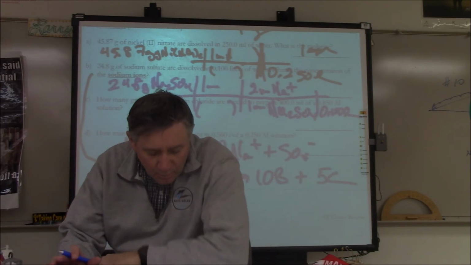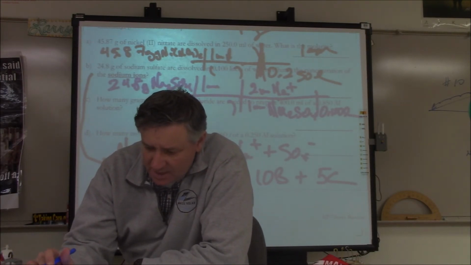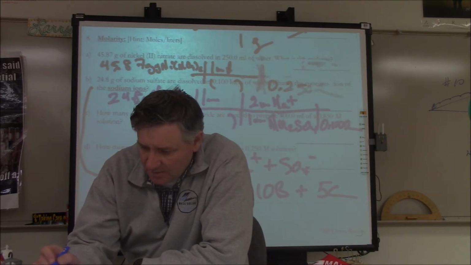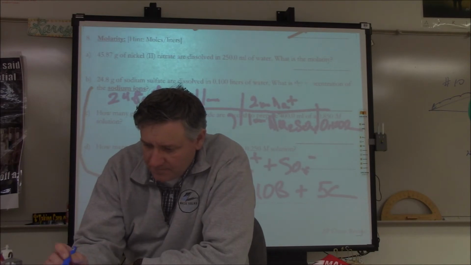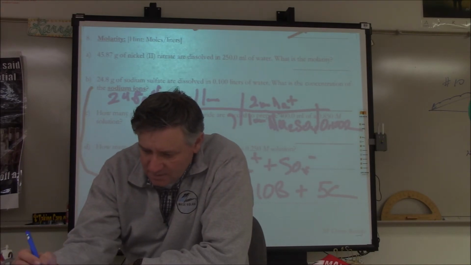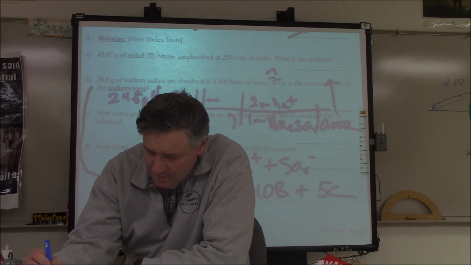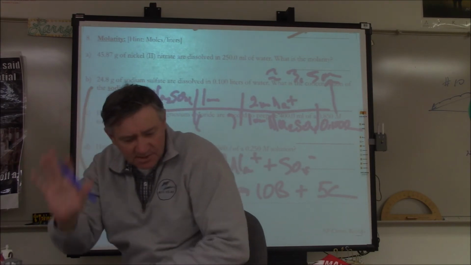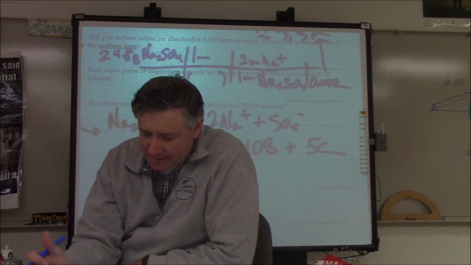So, if all goes well on B, your answer to 3B should be around 3.5 molar. So that concentration of your sodium ion should be around 3.5.